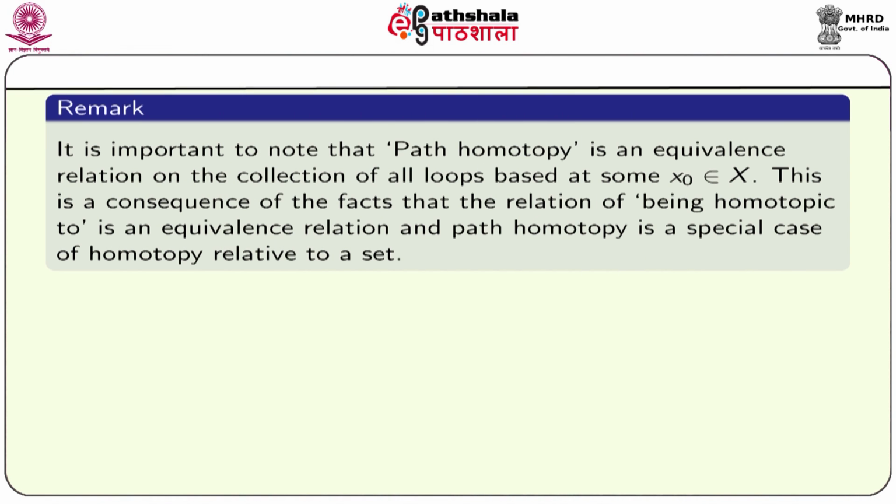Now, it is important to note that path homotopy is an equivalence relation on the collection of all loops based at some point x0. This is a consequence of the fact that the relation of being homotopic to is an equivalence relation, and path homotopy is a special case of homotopy relative to a set.